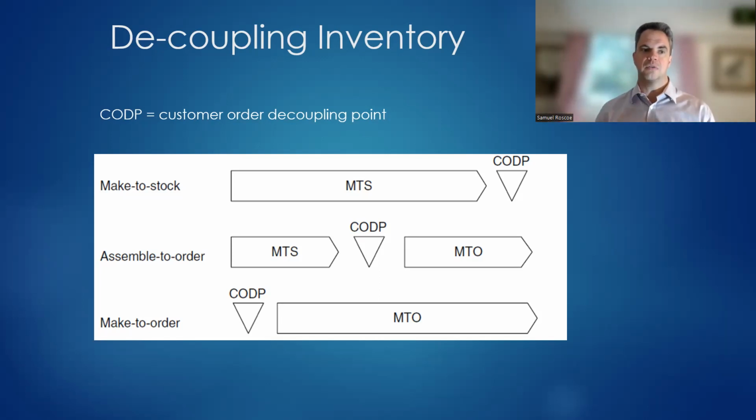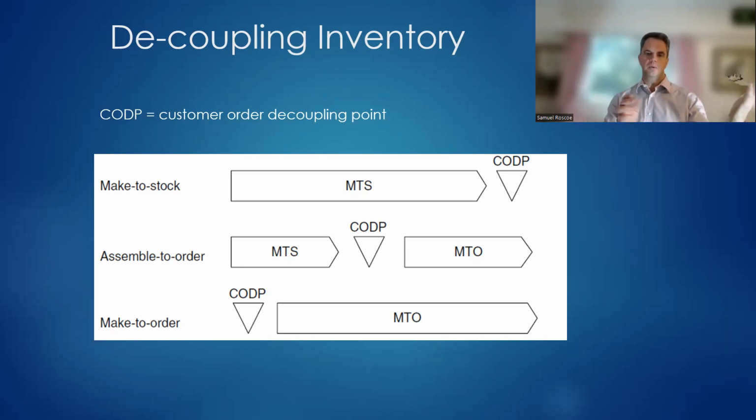So you get this idea of increasing the value proposition. The idea here is that we make a product until it's almost finished, and then we get the customer order, and then we customize it with paint and with the interior, and then we deliver that quite quickly to the customer in order to fulfill that sales order.